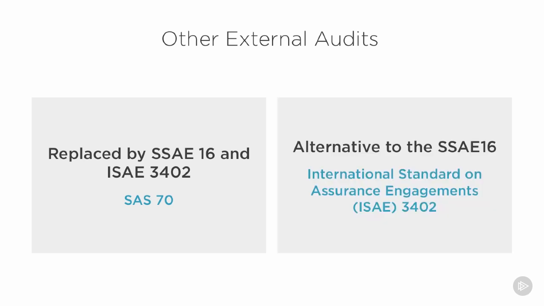The SSAE 16 is more or less related to the work of the American Institute of Certified Professional Accountants. So therefore it has a little bit more of a bias from one region of the world, whereas the ISAE 3402 report is known as the International Standard on Assurance Engagements.